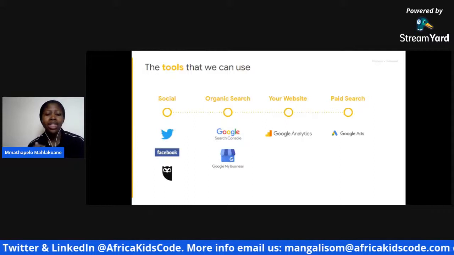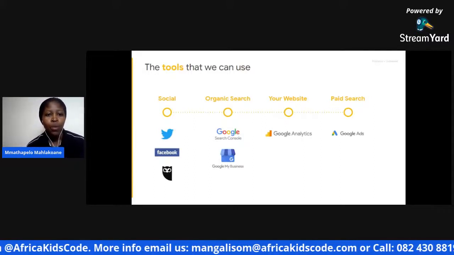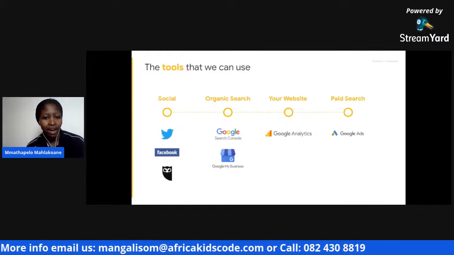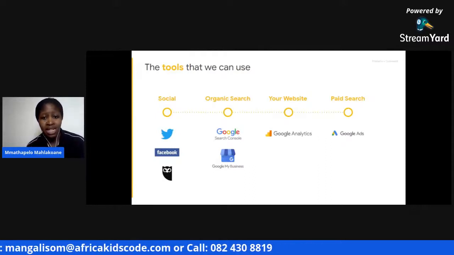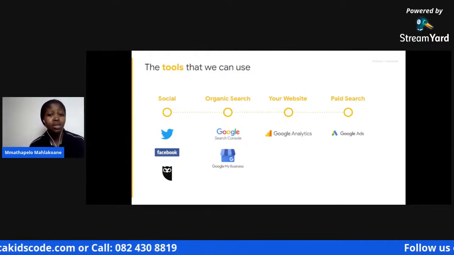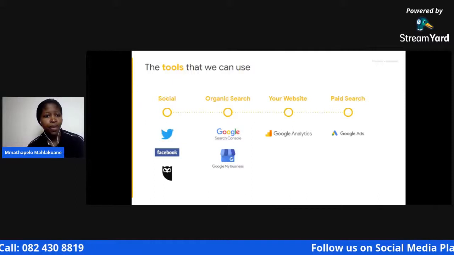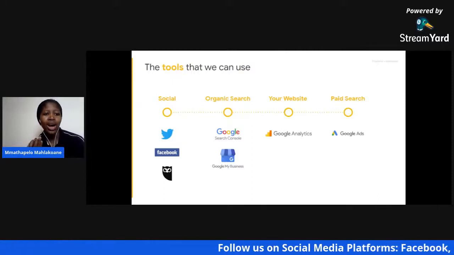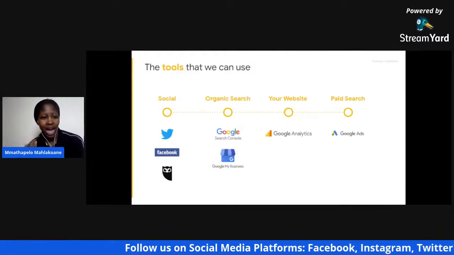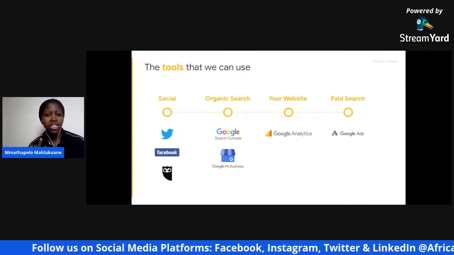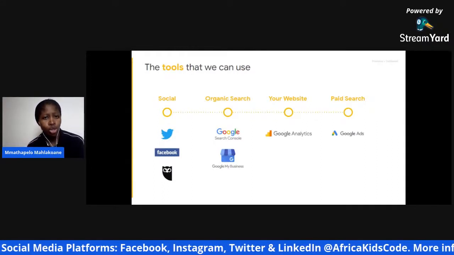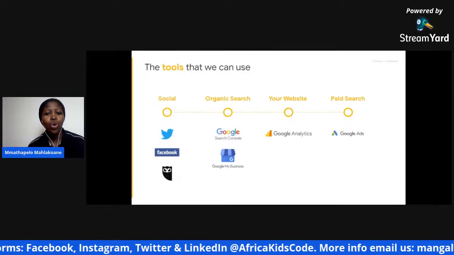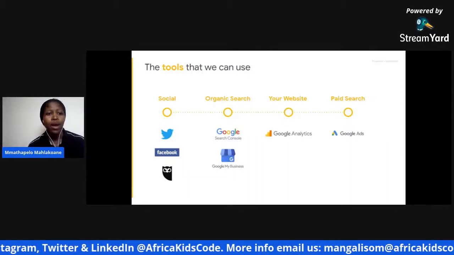So the tools that we can use are online platforms like social media, which is your Twitter, your Facebook, or Hootsuite. We can also use organic search to advertise, which is your Google Search Console and your Google My Business.